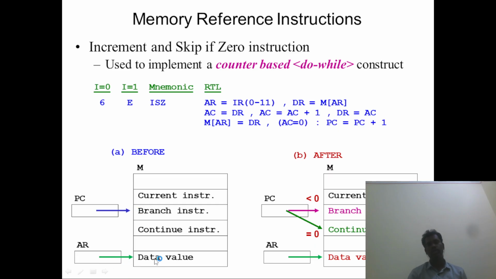The accumulator value will be stored in the data. It will increment the data value by one. If it is 0, then it will continue the instruction. If not 0, then it will go to the branch instruction. It skips the actual PC and goes to the branch instruction. Then the cases zero or greater than zero.